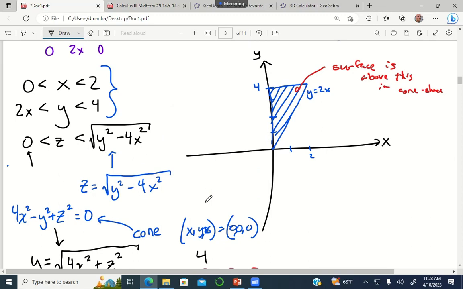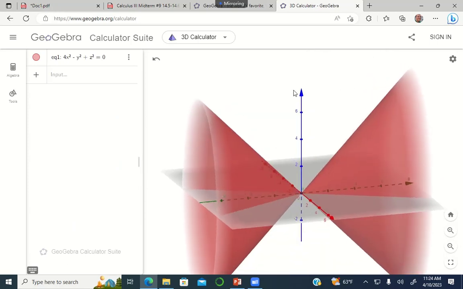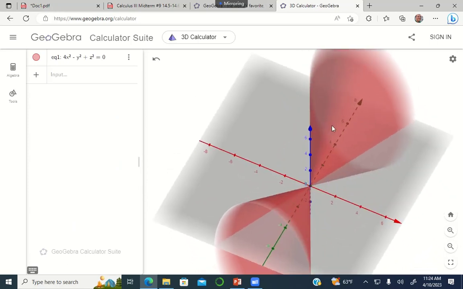So y can only be a function of z, which means that the upper bound on y is going to be a constant regardless of what z is, because this upper bound is always y equals 4 regardless of what that z value is. I'm trying to orient myself correctly.